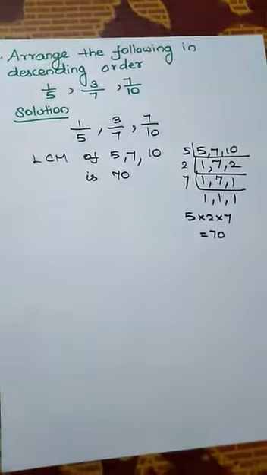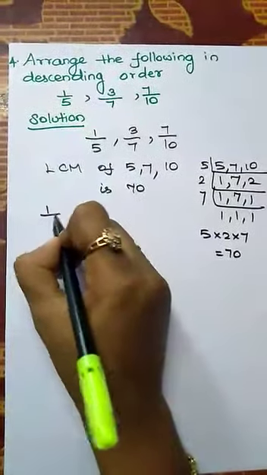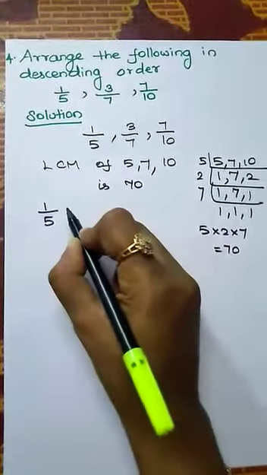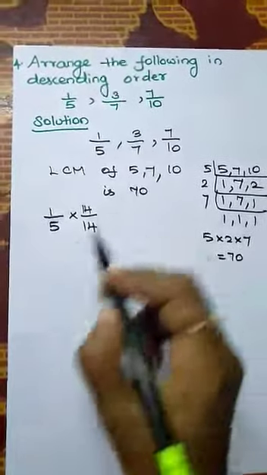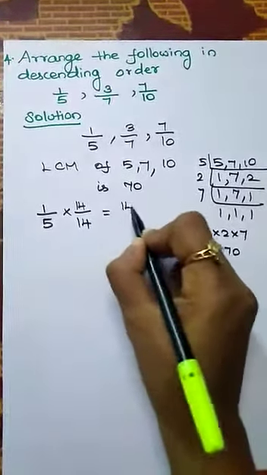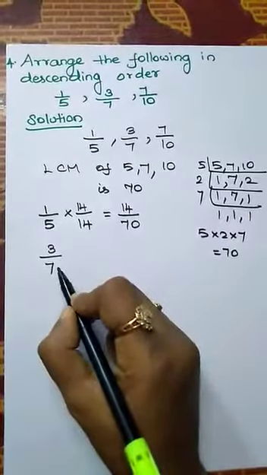So we have to convert all the denominator values into 70. What is our first value? 1 by 5. We have to convert the denominator into 70, no? So we multiply by 14 in the numerator and the denominator. That time only we get the denominator value 70. So 14 by 70. Next number is 3 by 7. We need a denominator value of 70.